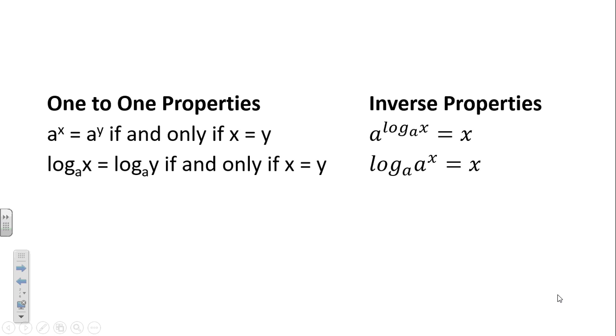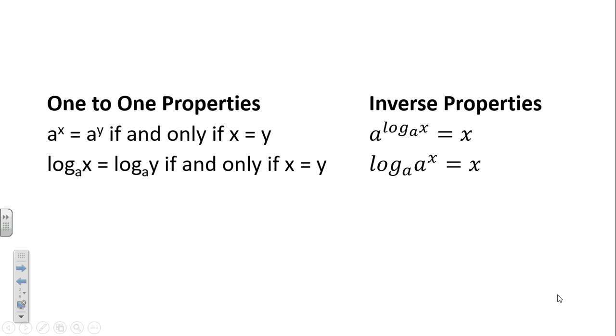When we look at the graph of an exponential function and a graph of a logarithmic function, those two are reflections of each other over the line y equals x, because exponentials and logs are inverse operations. They're inverses of each other. So if we have a log base a of x and we raise a to it, our result will be x.